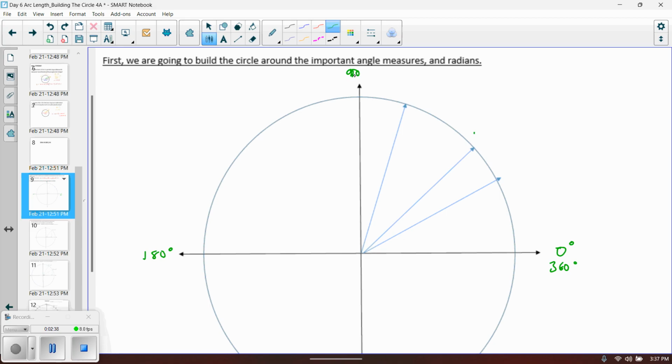Because that would create that right angle right there. But that would be your right angle. And then if you think about it, if I go from 0 to 90 for 1/4 of the circle, and I add another 90, it's 180.